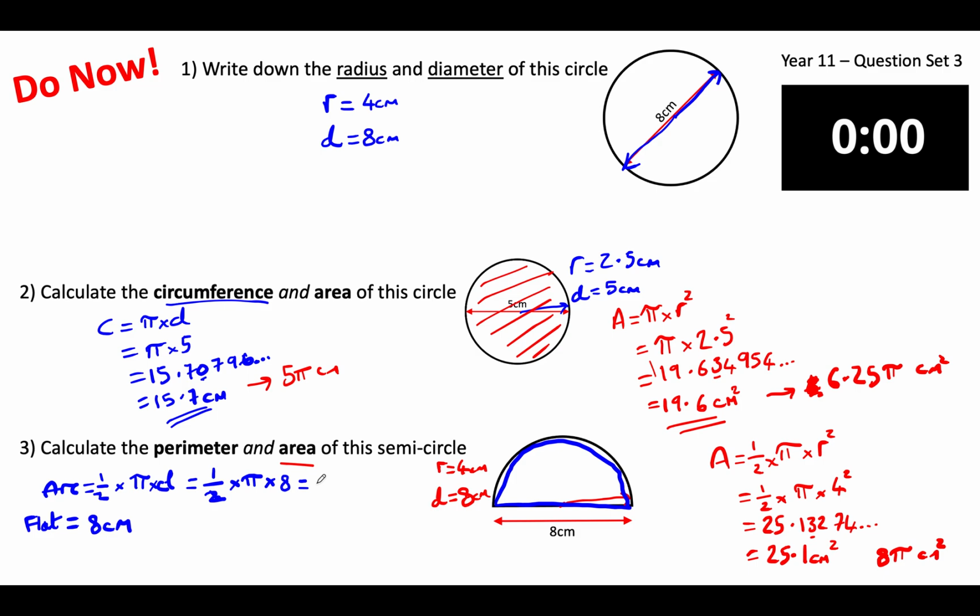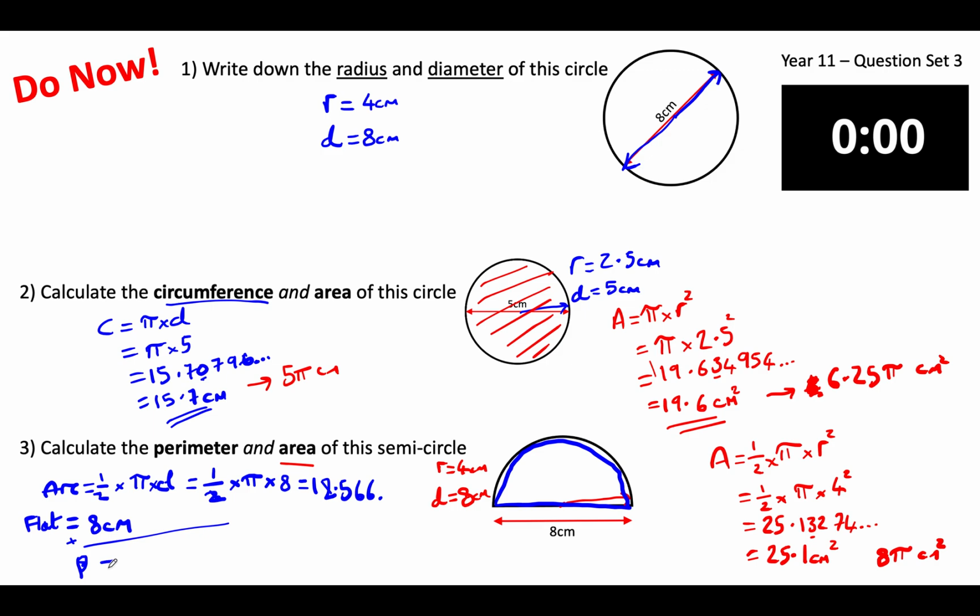Half times by pi, times by 8 is 12.5666, etc. And you add those 2 bits together to get the perimeter.